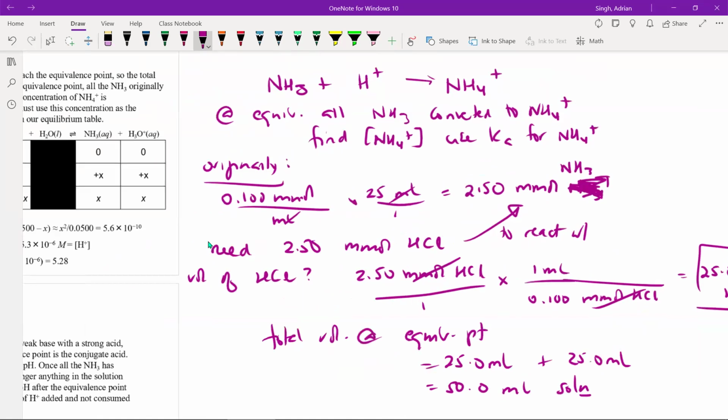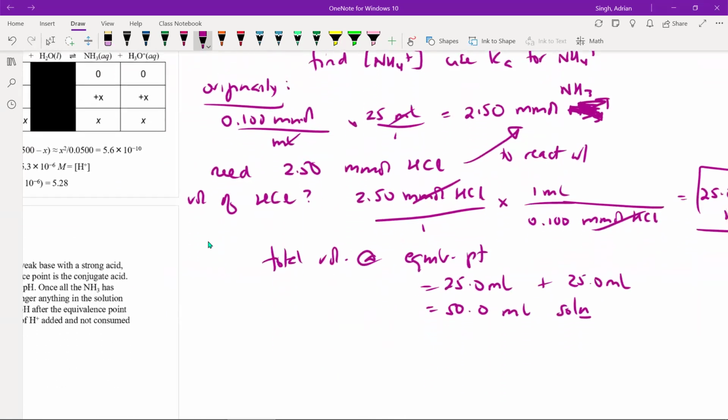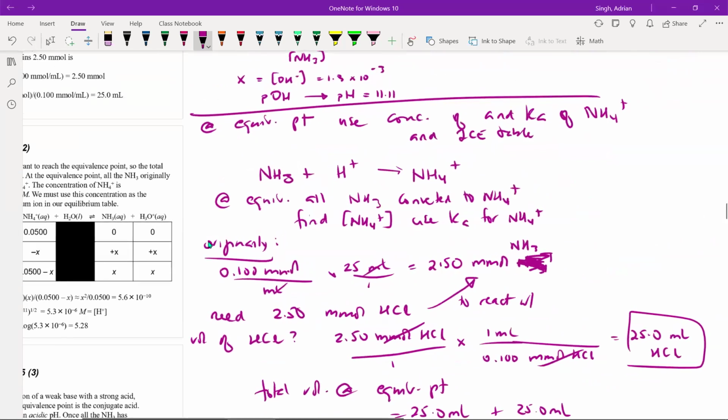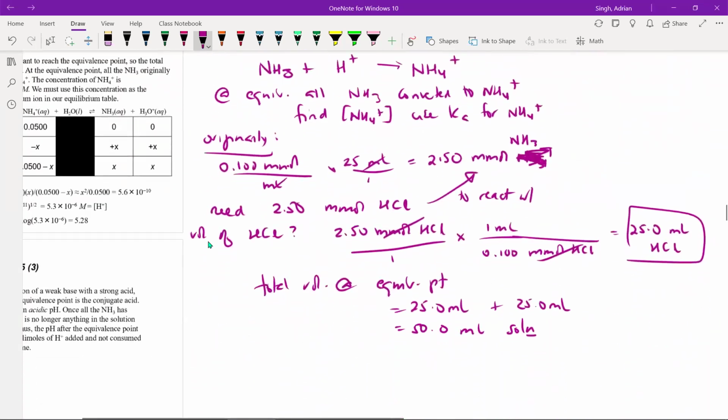All of the NH3 originally present has been converted to NH4 plus, and the concentration of the NH4 plus would be however much we generated divided by the total volume.